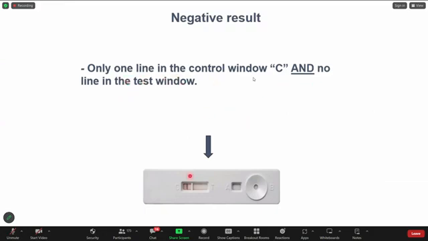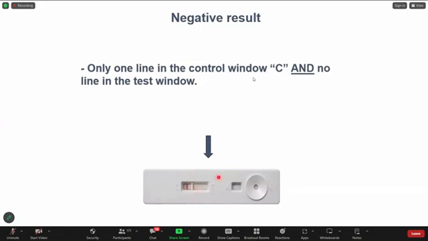The control window is normally labeled with the letter C, as you may see in this case. This RDT tests for both the protein released by Plasmodium alone and the protein released by Plasmodium and other species.